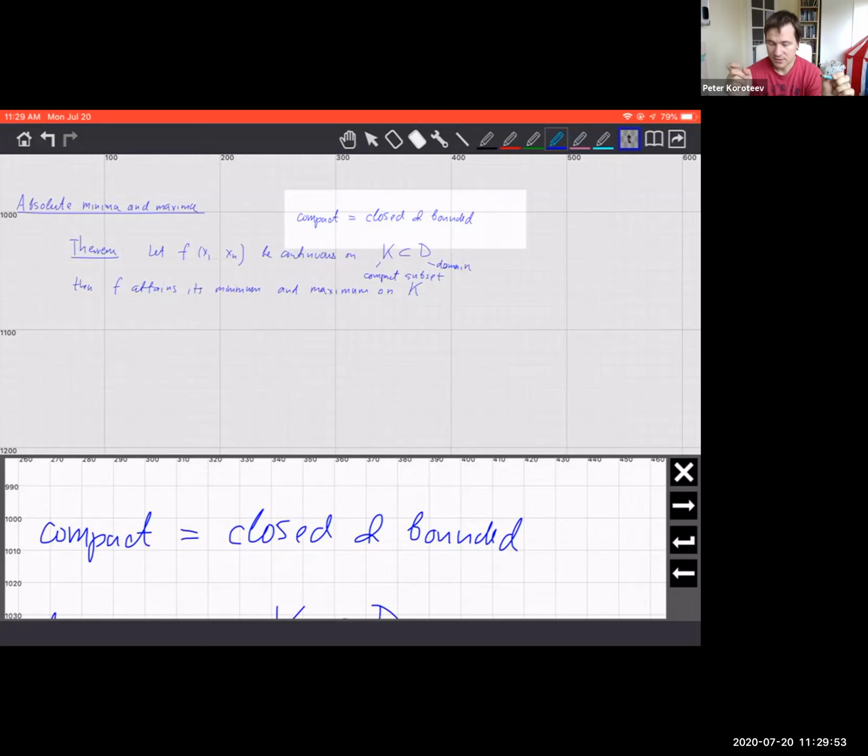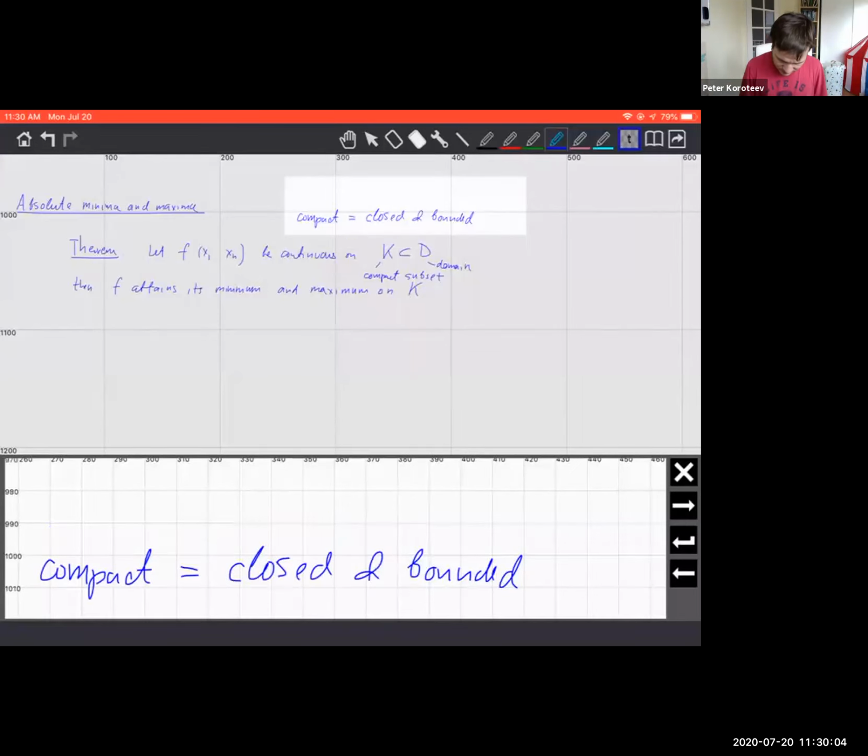A closed set is a set that contains all its limiting points, right? And bounded means that you can put it in a box essentially. So closed means it contains all limiting points.